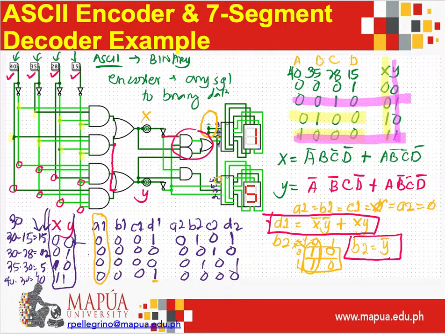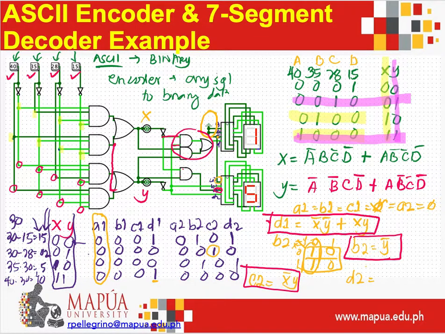C2 only has this equation, which is X bar Y. As you can see, our C2 is X bar Y. And lastly, we have D2, which is equal to B2, which means we have Y bar.